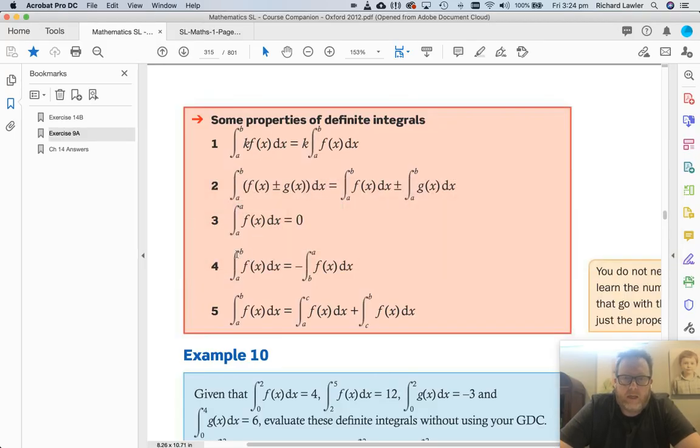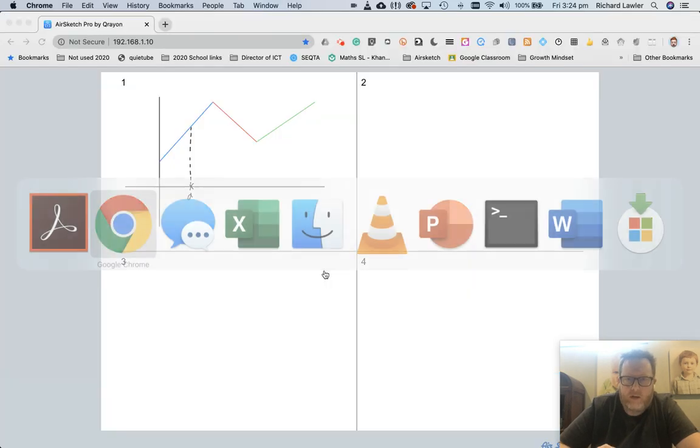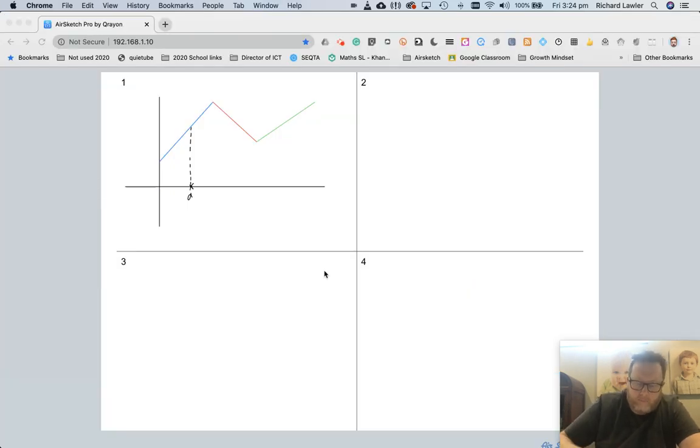The next one here is that the integral between b and a of f of x is equal to negative the integral between a and b of f of x. And again, hopefully that kind of makes sense. We haven't looked at it formally, but if I look at the fundamental theorem of calculus, you've got the integral between b and a of f of x dx is equal to big F of b minus big F of a.